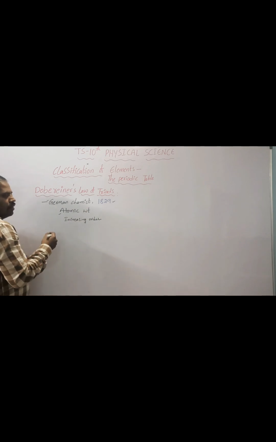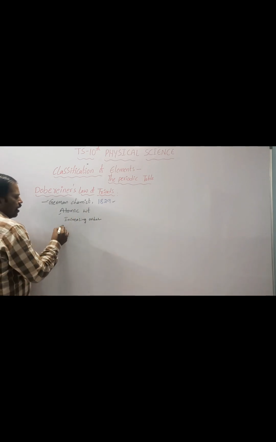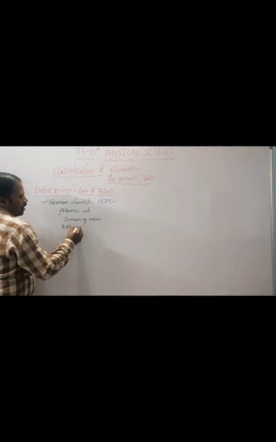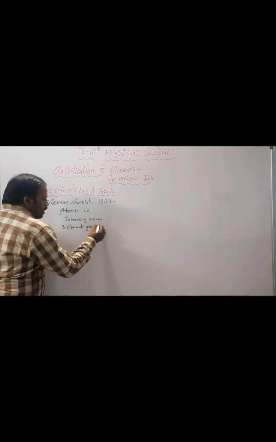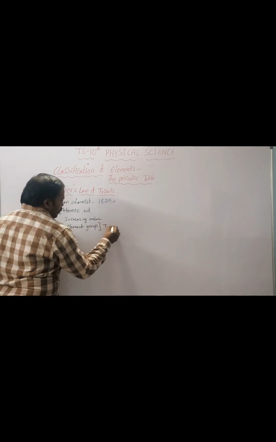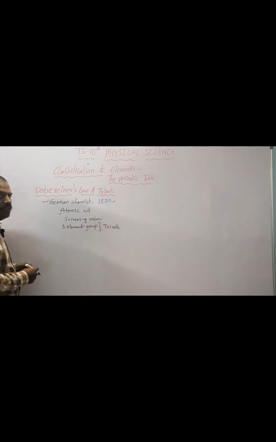In this order, he took groups of three elements, and this group is called a triad.